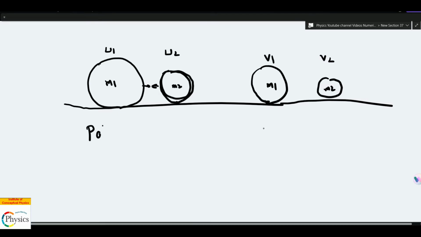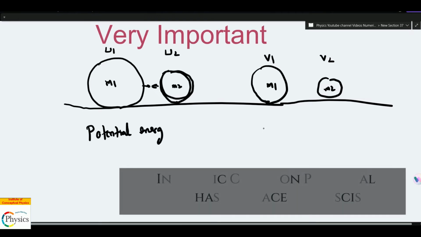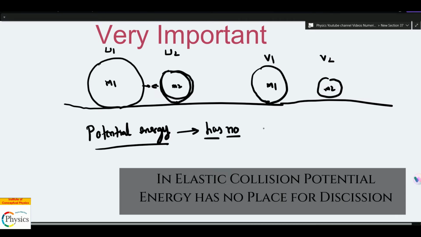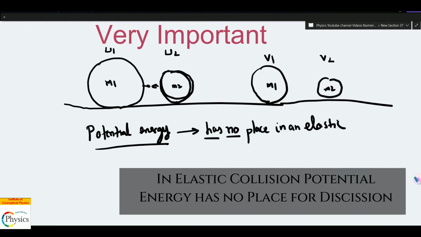Potential energy has no place, note this down, has no place in an elastic collision, right?